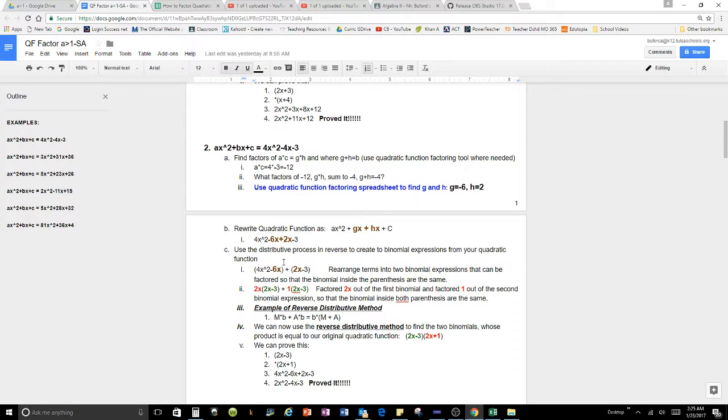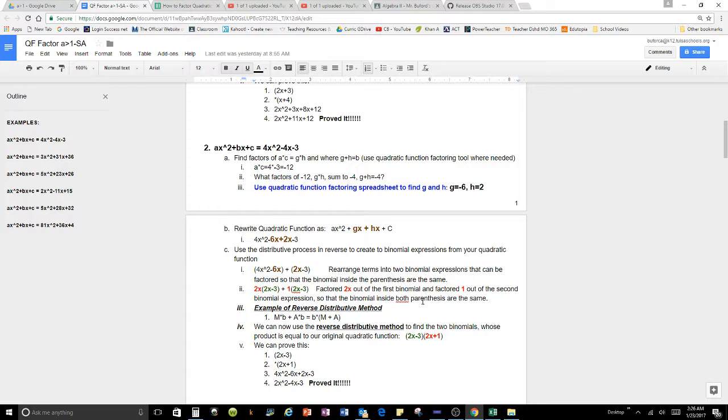And in this case, when we kept the 6x with the 4x squared and the 2x with the minus 3, we see the only thing we needed to factor from the 2x minus 3 is a 1, which means we really didn't have to factor anything, but just for illustrative purposes I put a 1 there. And if we factor out a 2x, what we get left is a 2x minus 3 here.